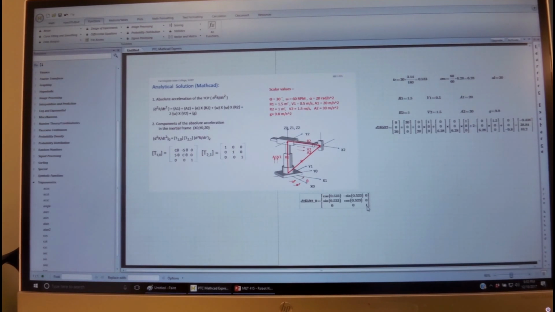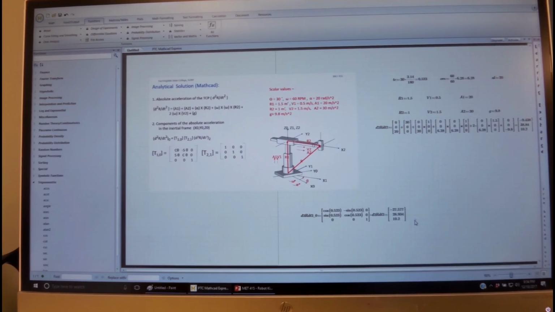So the way to do it is to walk slowly and put the numbers, and this is the result. These are the coordinates of the total acceleration in x0, y0, and z0. We have 10, 27.5, and 28.